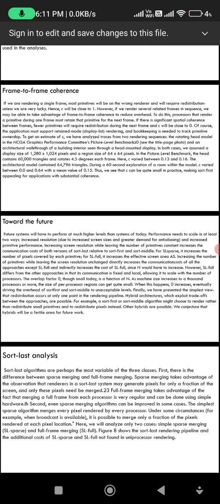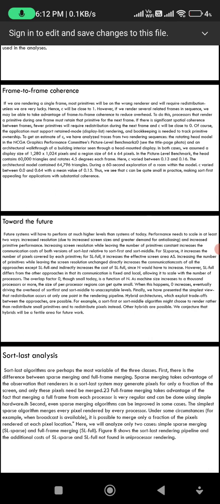If there is significant spatial coherence between frames, fewer primitives will require redistribution during the next frame and C will be close to 0. Of course, the application must support retained-mode display list rendering, and bookkeeping is needed to track primitive ownership.